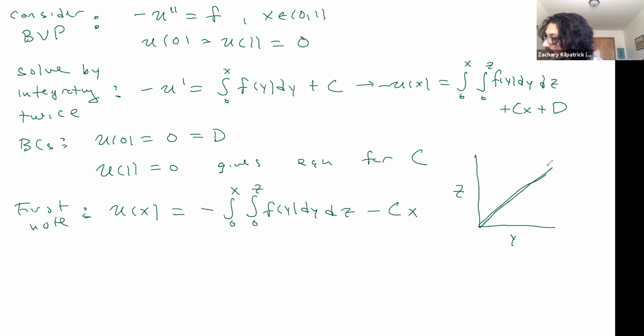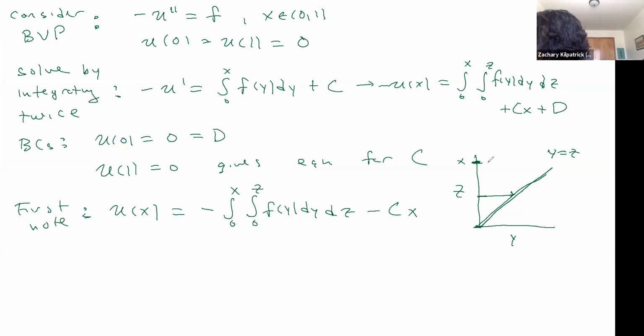And what I'm saying is I'm going to integrate from 0 up to z here, because this is the line y equals z. And then I'm going to integrate z from 0 up to x.